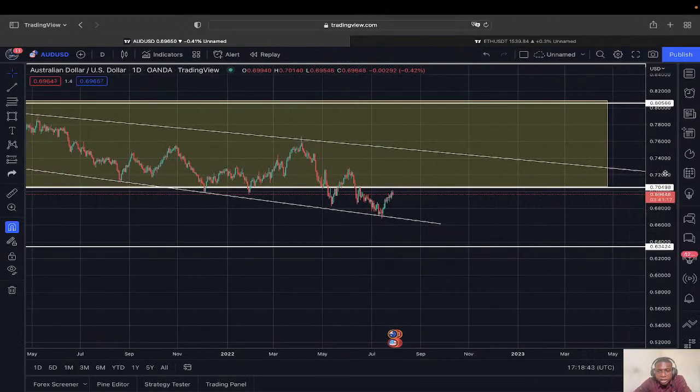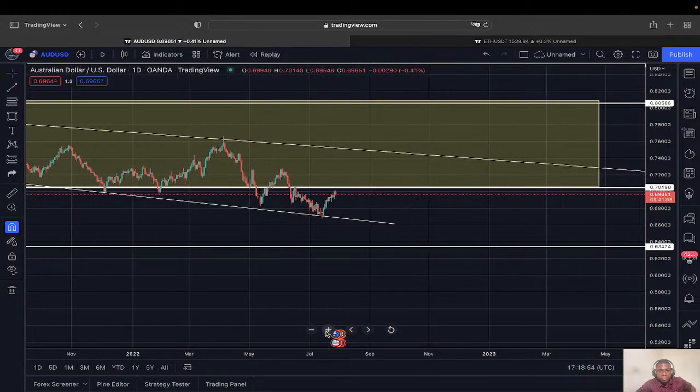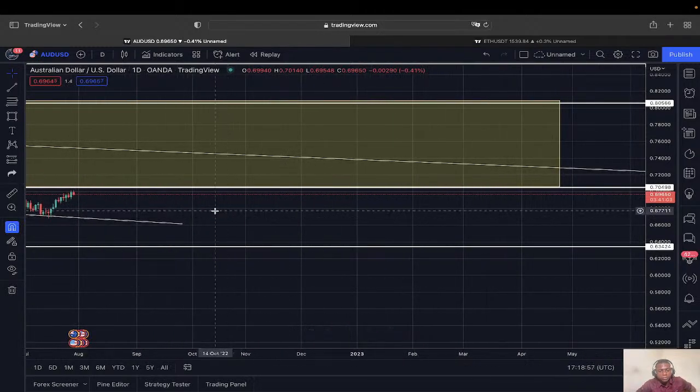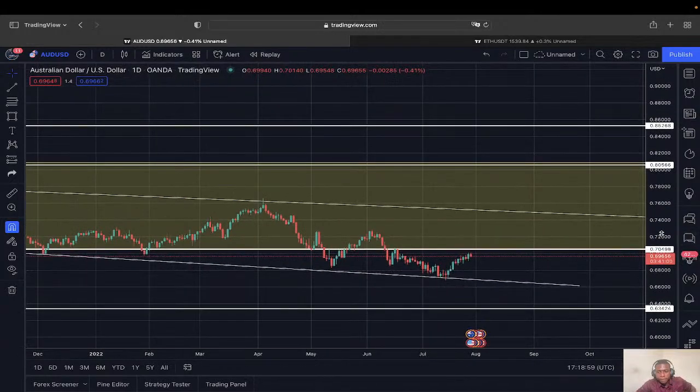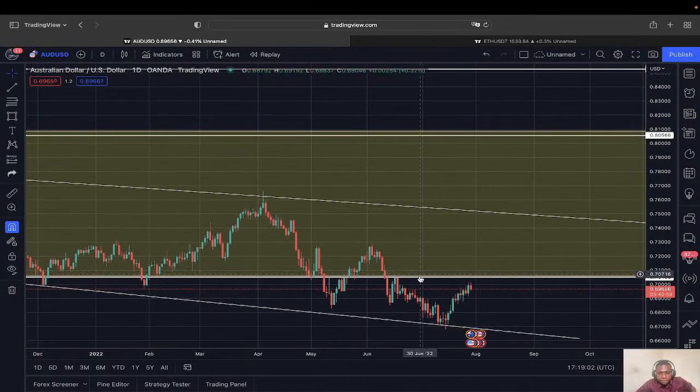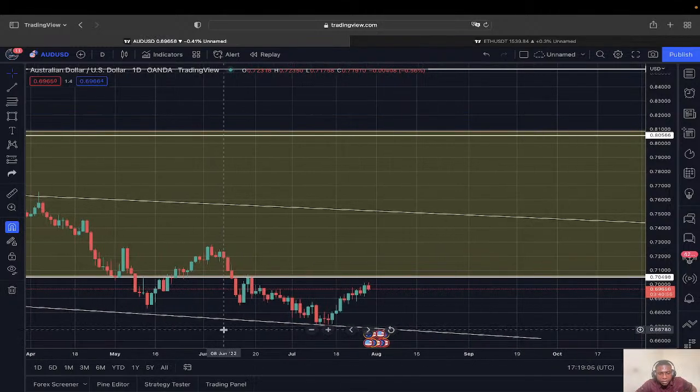So definitely we know that this level is now a resistance. It's a support level turned resistance. Why? Because if you look closely, here, you will see that price actually broke out of this region, retested, and was rejected, and now it came back also to retest this region again.